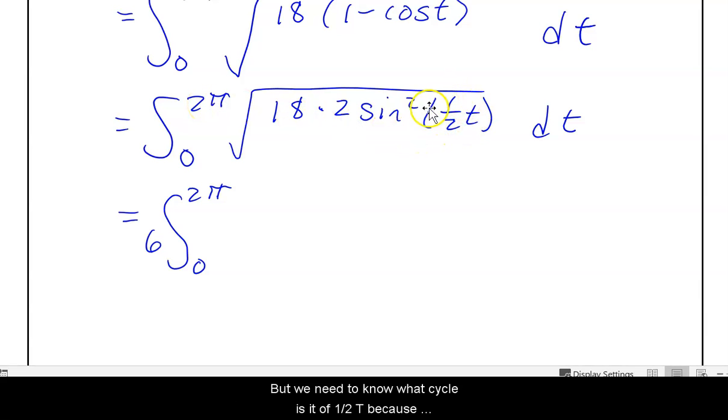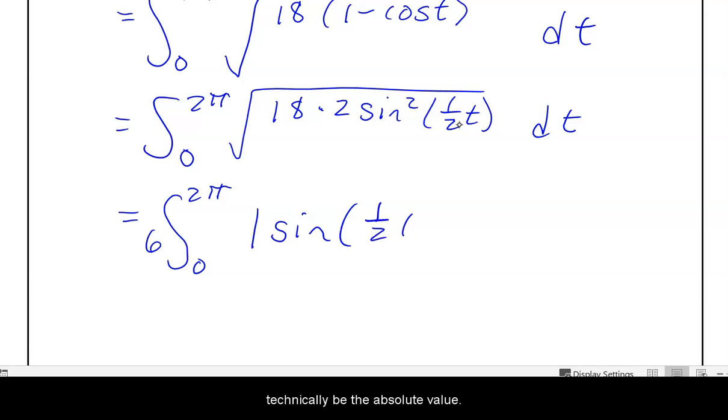But we need to know what cycle is it of 1/2 t, because the problem is if sine becomes negative in that region, then I can't drop the absolute values that should go around sine. And that's a problem, because this should technically be the absolute value of sine of 1/2 t.